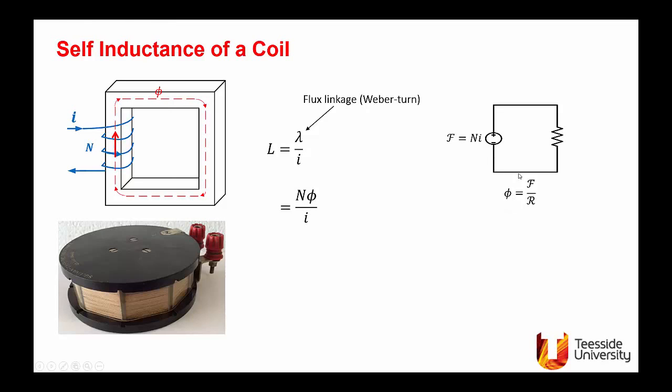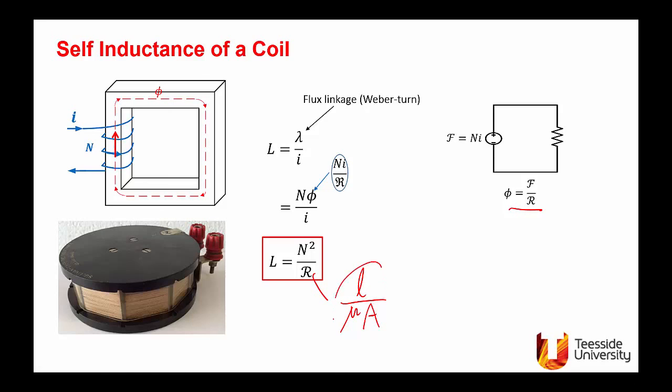But from here, phi is F over R. F is Ni over R. That will give you N squared. I will cancel I. It will give you inductance N squared over R. Remember, R was the length of the magnetic path over mu naught, mu R, whatever, A.